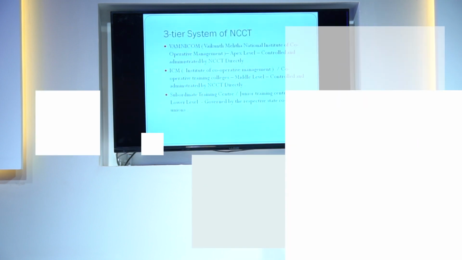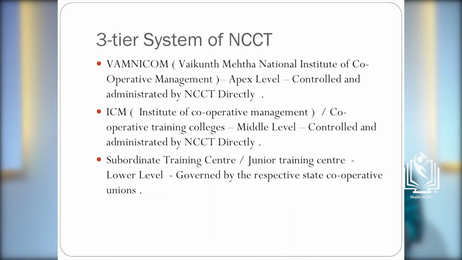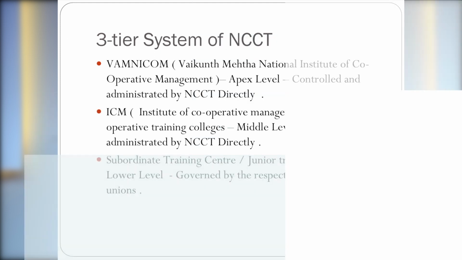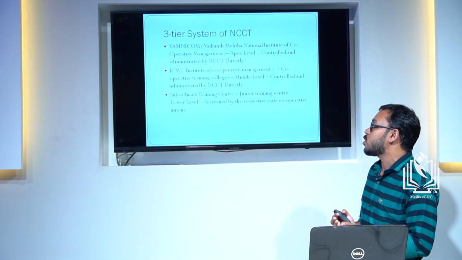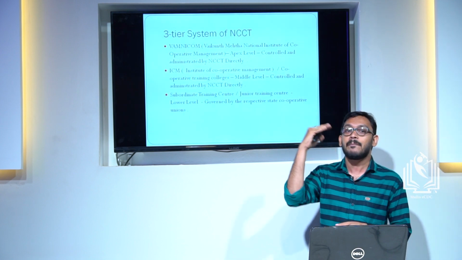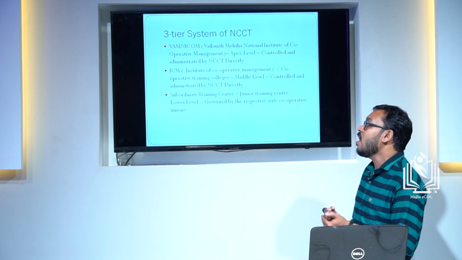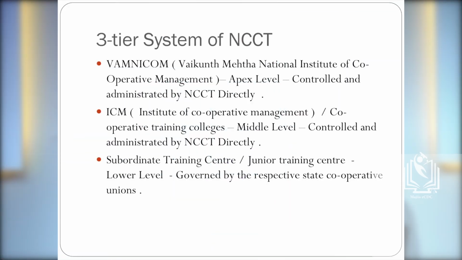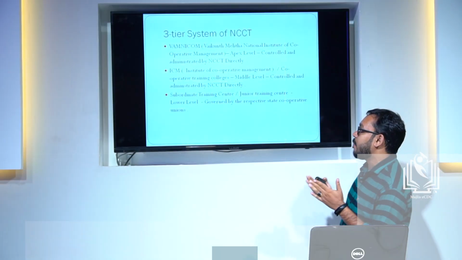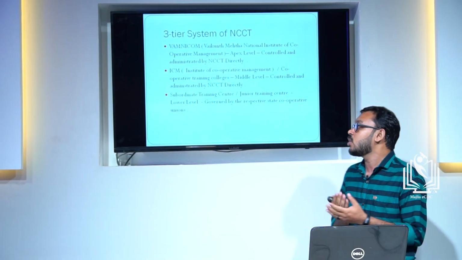Now, we move to its system. So, it has a 3-tier system, and the first stage is VAMNICOM, that means Vaikunth Mehta National Institute of Cooperative Management. It is acting as an apex level institute in the case of cooperative education and training, and this is controlled and administered by the NCCT directly. This is the first tier. In the second tier, ICM, that means the Institute of Cooperative Management or Cooperative Training Colleges.